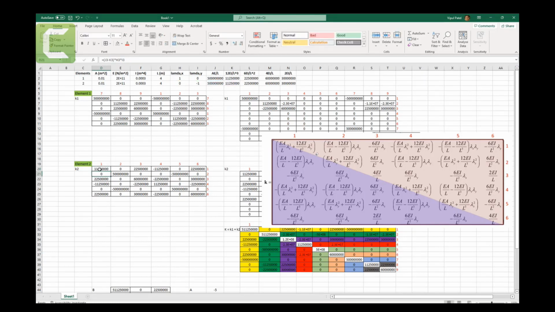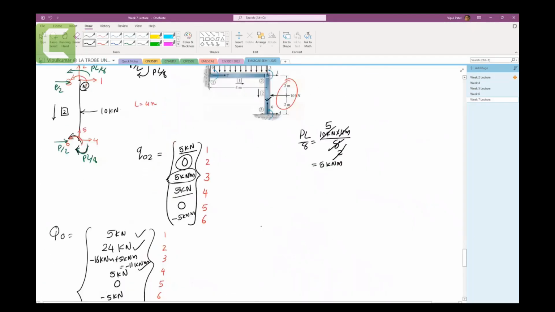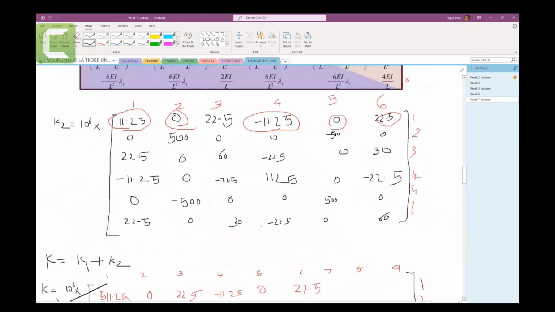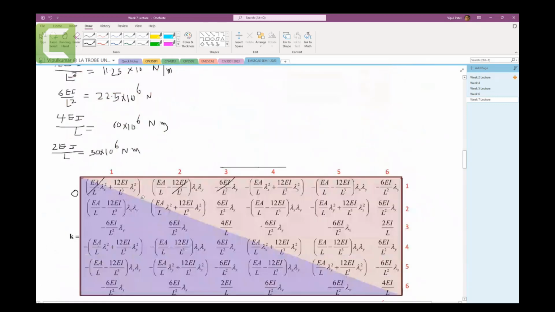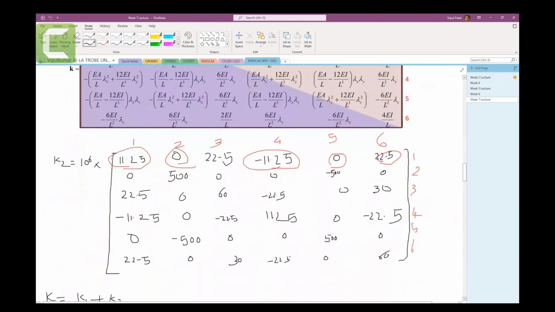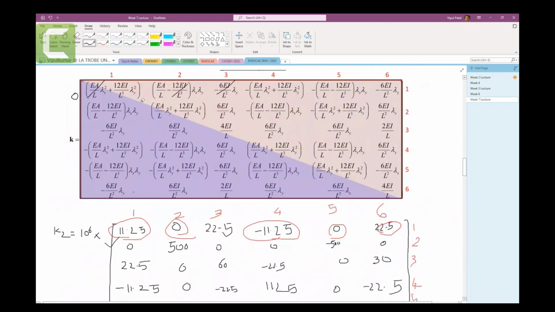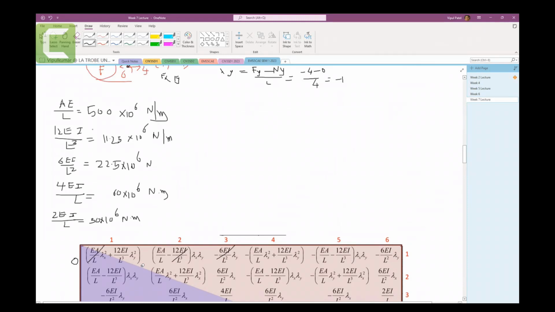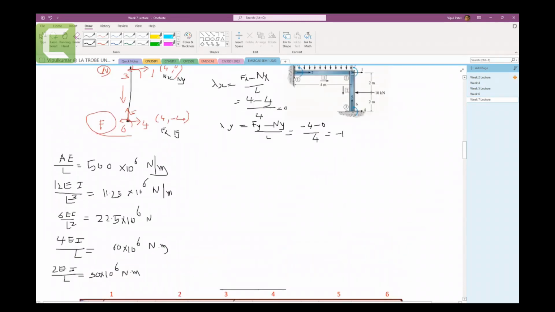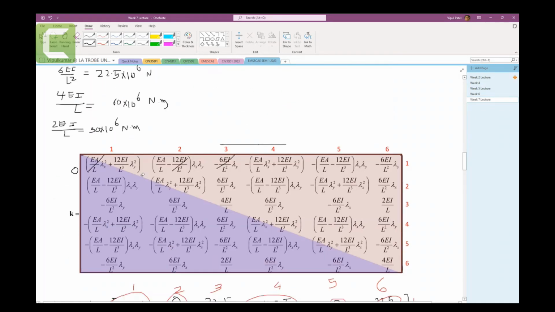So you get 11.25. And what about our hand calculations? K2: 11.25, because you have AE on L and lambda X is 0, so this is completely 0.